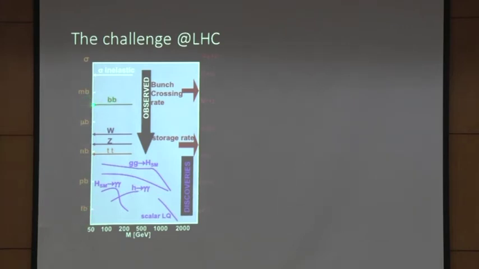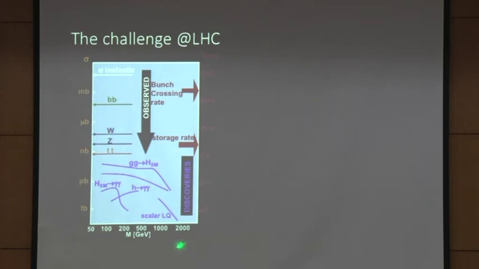barn, and a barn is 10 to the power minus 24 centimeters square, minus 28 meters square.